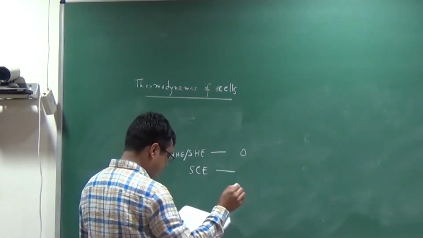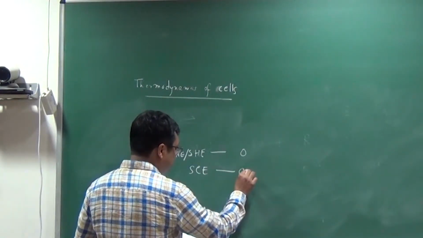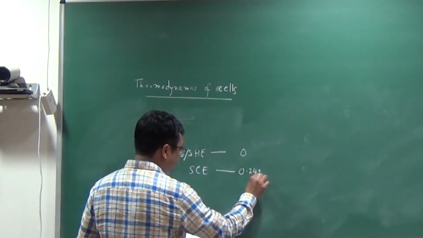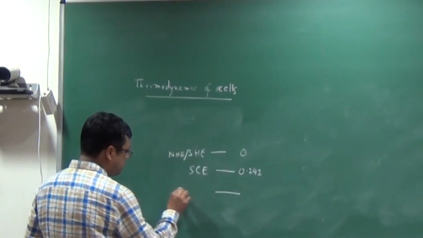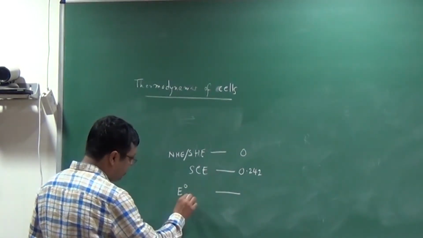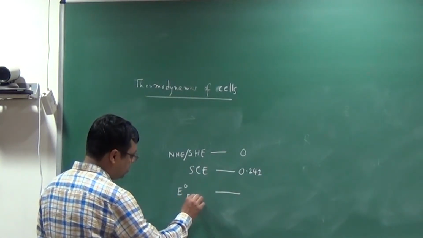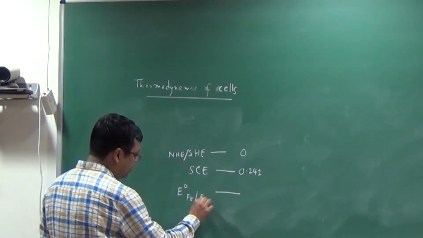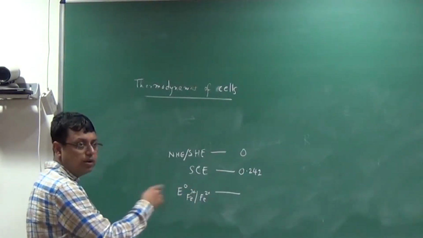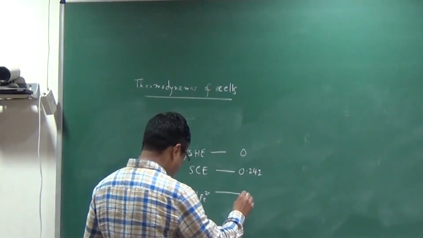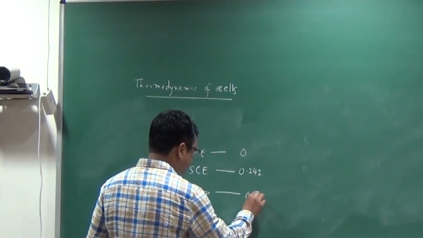If I call it 0, then with respect to that, this is basically 1.242. These are all in volts. Let us take two more couples. One is the iron couple, where we always write the reduction way, Fe3+ to Fe2+, and that is 0.77.